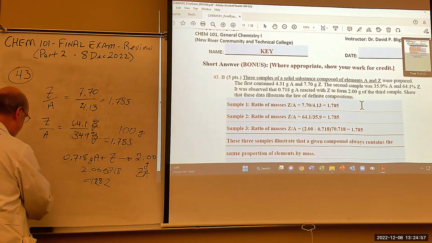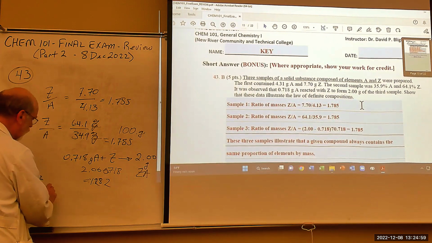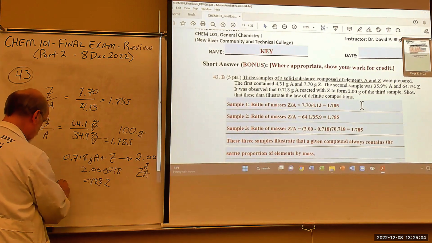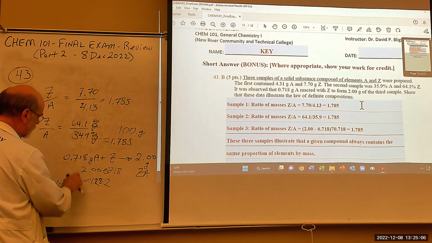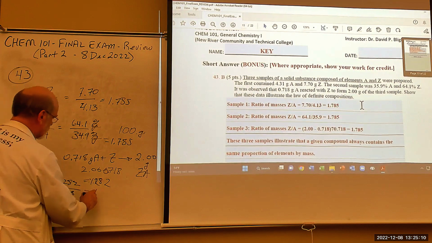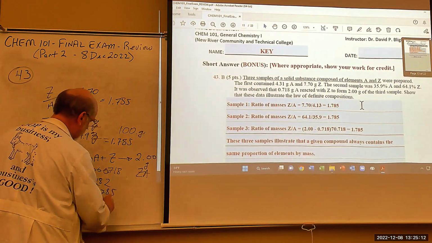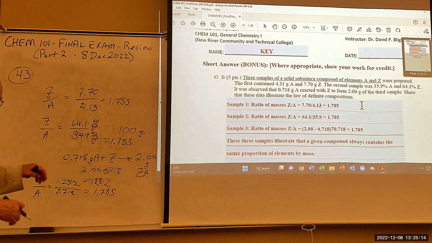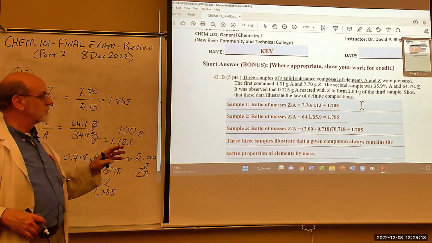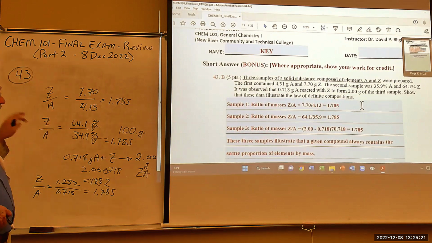So if we ratio Z to A, Z is this value, 1.282, divided by A, which is 0.718. And that's equal to 1.785. So the ratio of each one of these compounds is exactly the same.